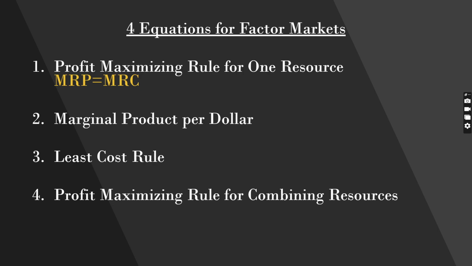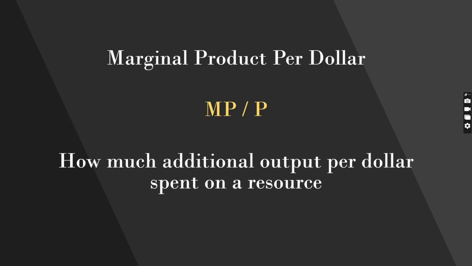But now the rest of the equations, the last 3, we're going to be applying to this concept of combining different resources and the firm maximizing profit by employing or purchasing the optimal quantity of resources for their production process. And so here is our next equation, the marginal product per dollar.